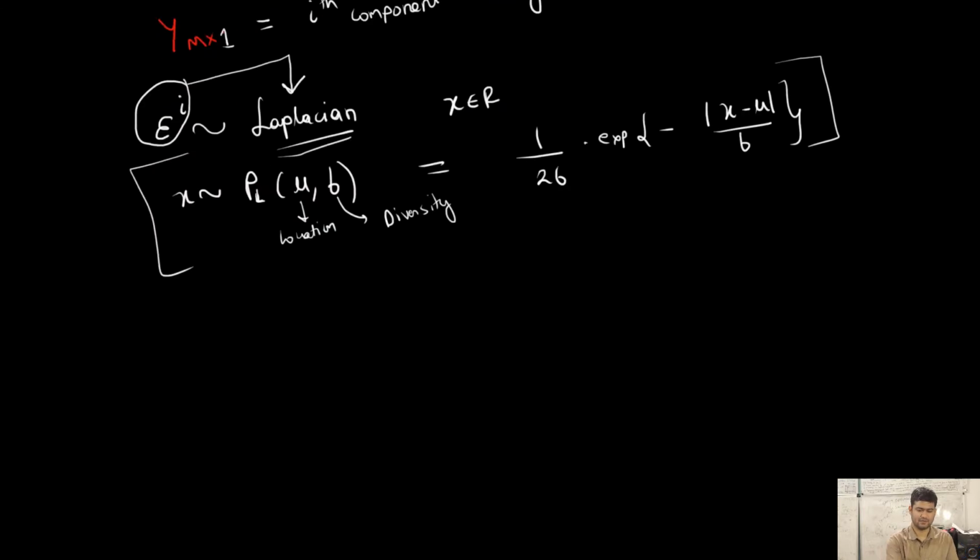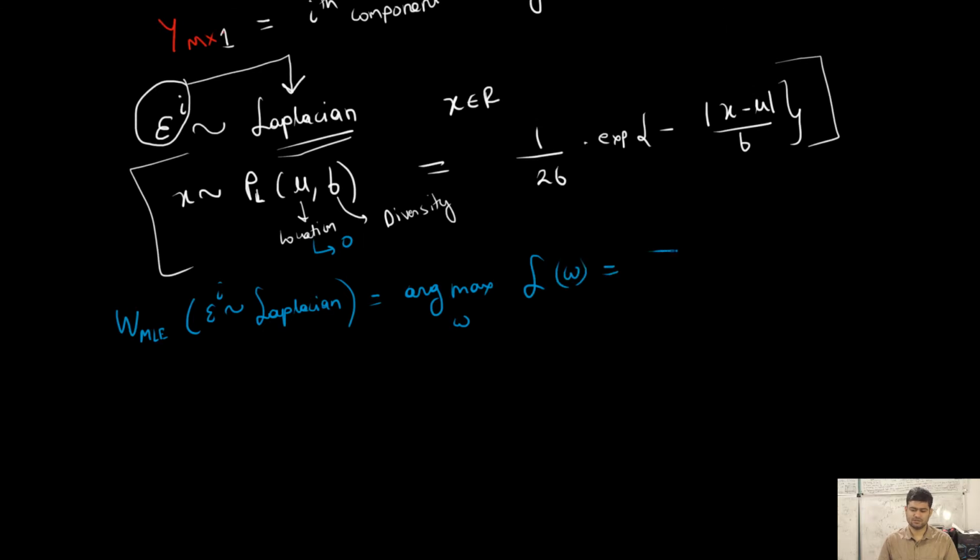If we assume that these epsilon i's have a Laplacian distribution, then if we compute the W MLE in this case, assuming that the epsilon i's are Laplacian with mean 0, this is the arg max over W of the likelihood of W, which is the product over i equal to 1 to n of P of epsilon i.